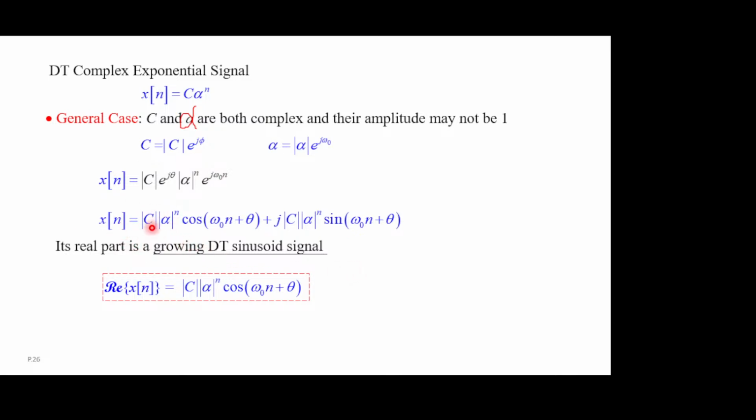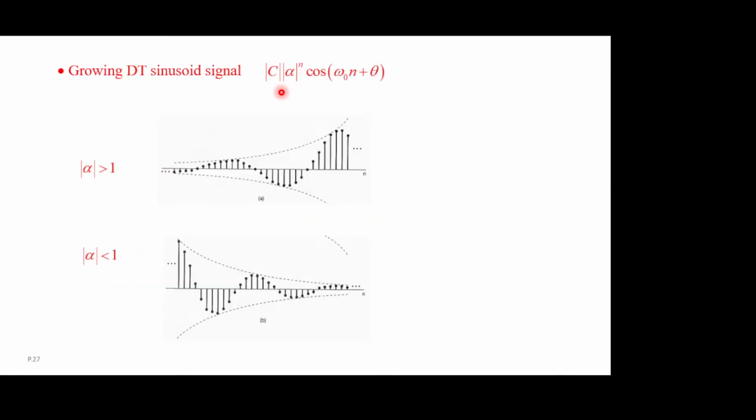So you get absolute value of c, absolute value of alpha to the n, cosine, and absolute value of c, absolute value of alpha to the n, sine. You see the real and imaginary parts are growing or decaying sinusoids, depending on the absolute value of alpha. If the absolute value of alpha is bigger than 1, you have a growing exponential. If it is less than 1, you have a decaying exponential, with a sinusoid inside: cosine omega n.